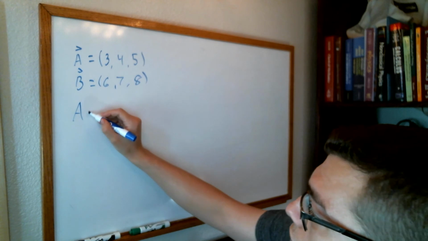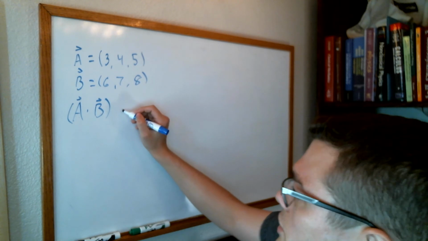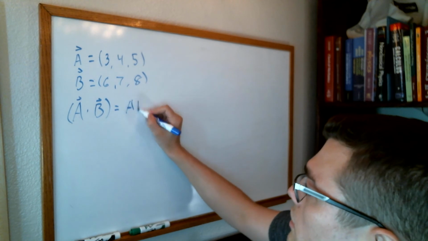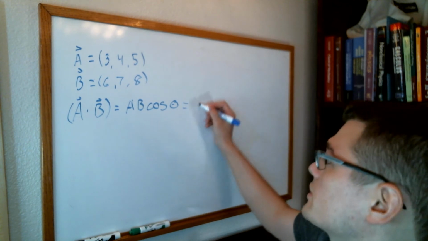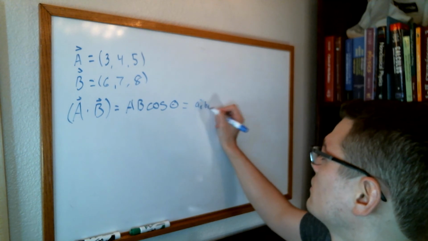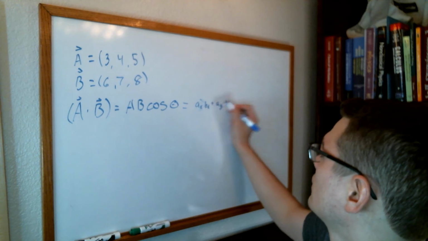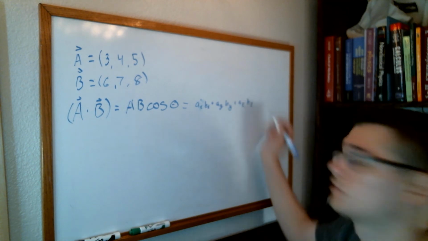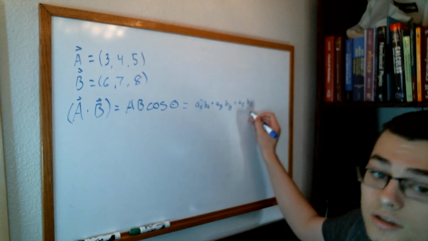If you have the magnitude of each vector, you can say this is true: the magnitudes of A and B times cosine theta is equal to our original formula, AX BX plus AY BY plus AZ BZ. I know it's getting hard to focus at the end there, but this is AZ times BZ over here.